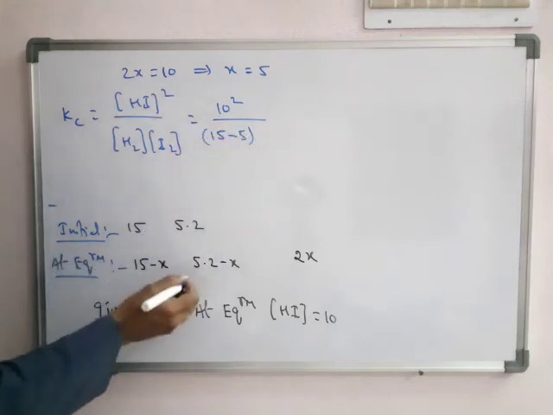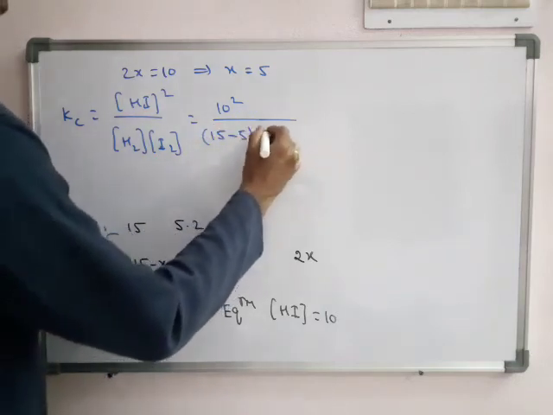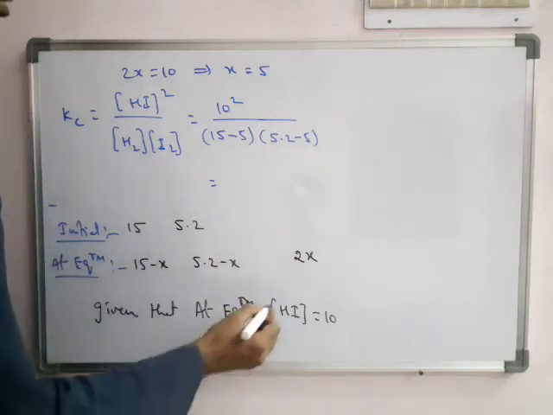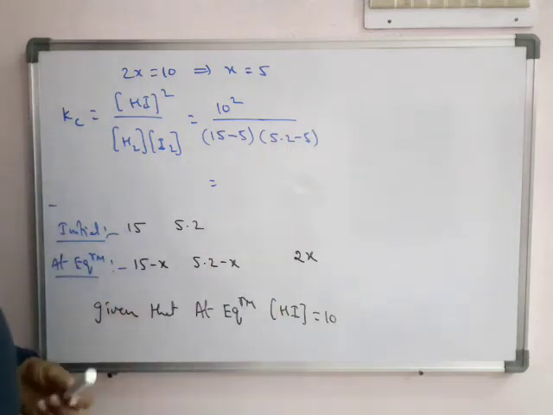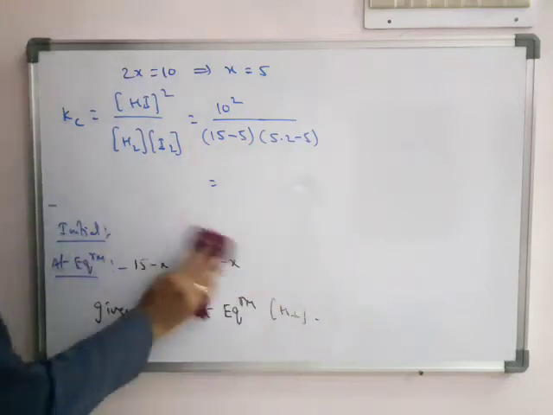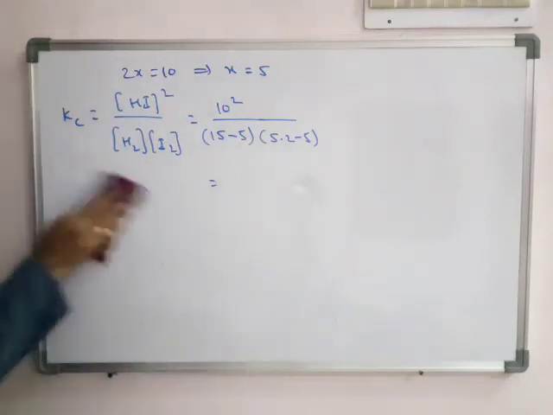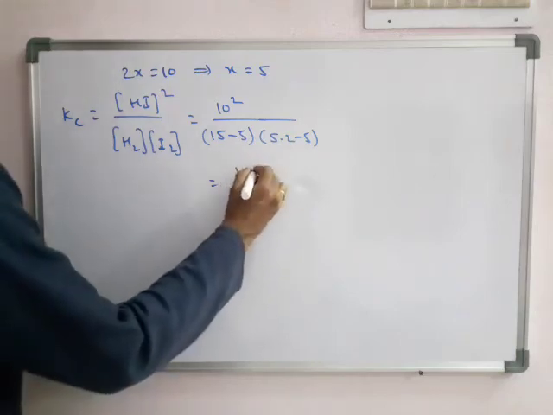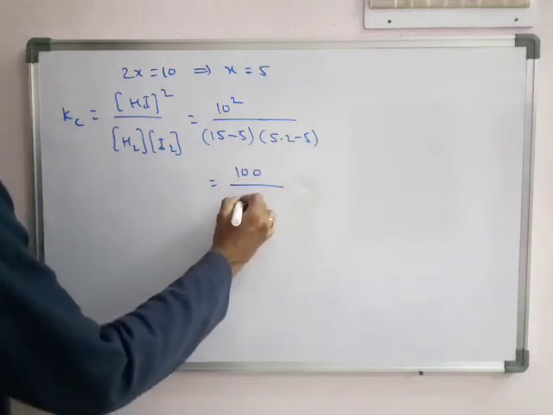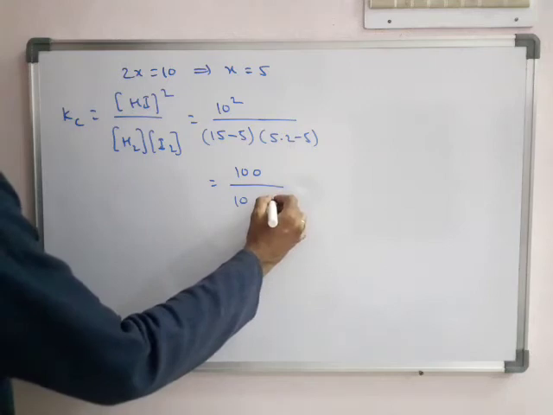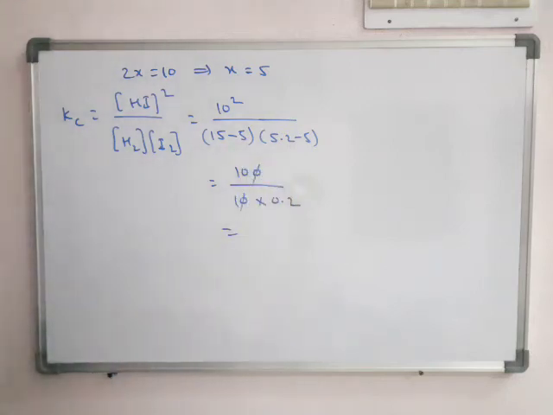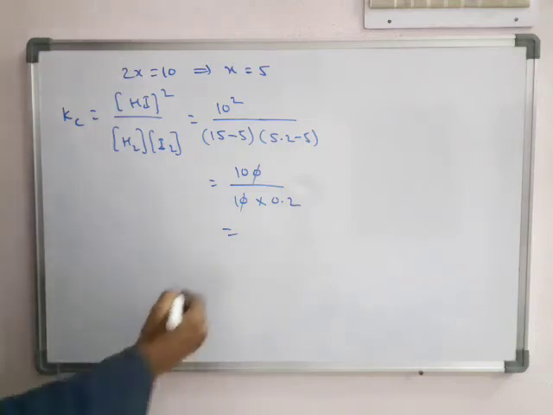So what is I2 concentration? 5.2 minus 5. So like this we get the x concentration. So finally we will get 50.